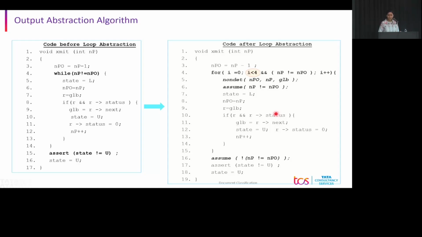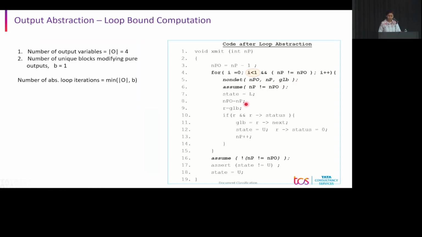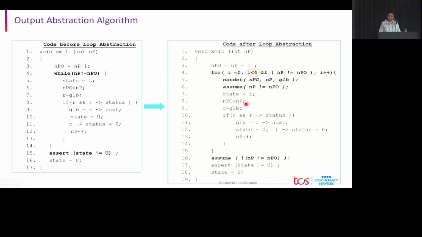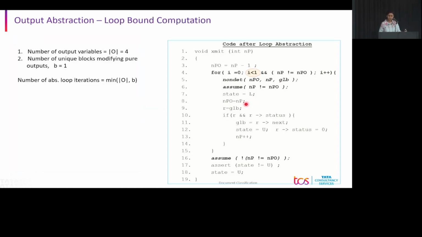What we are doing is playing mostly with these assumes. We are exploiting these assumes, and we are also abstracting the outputs of the loop. Now, we can shorten this bound further. You see, we can reduce it to 1. Why? Because there is exactly one pure output variable and there is exactly one block here.